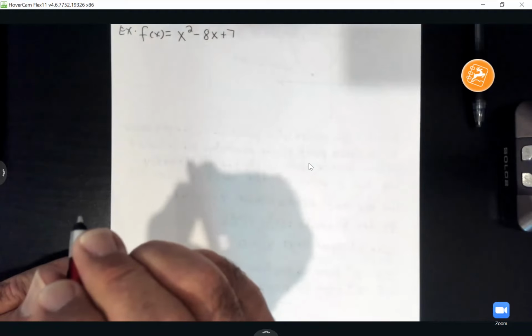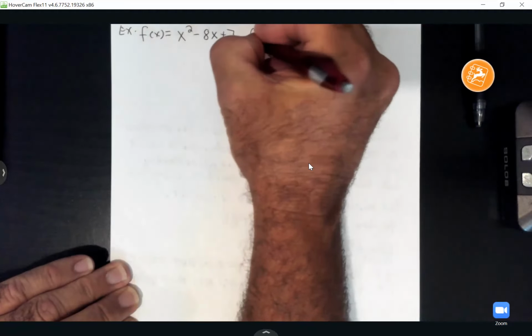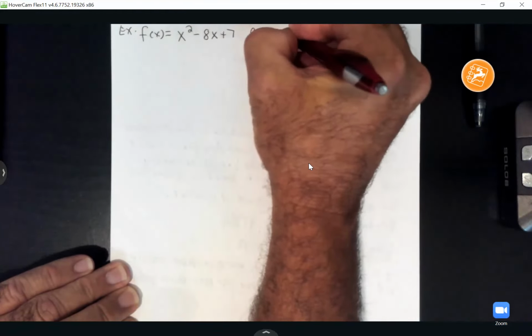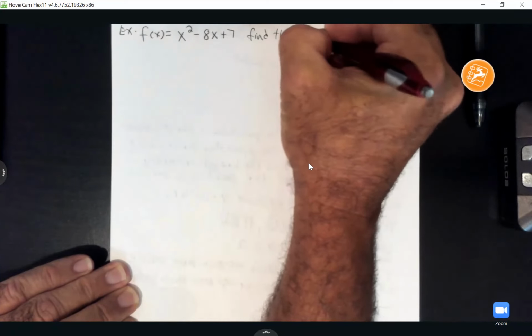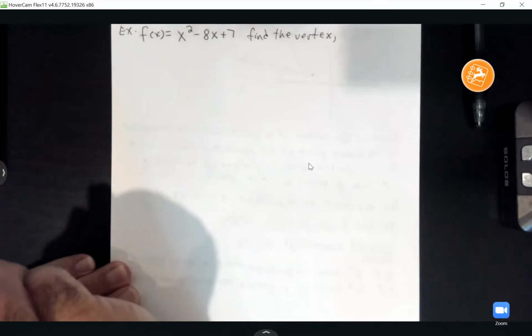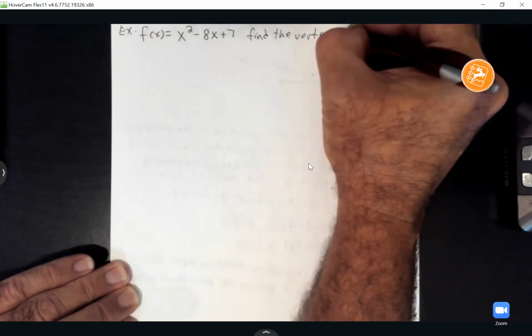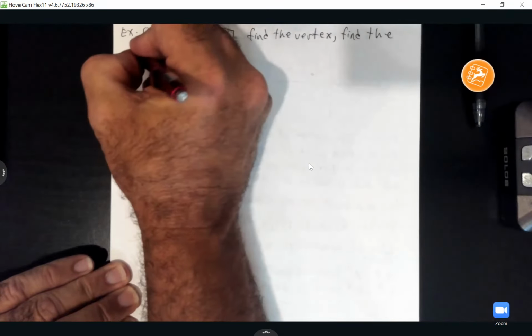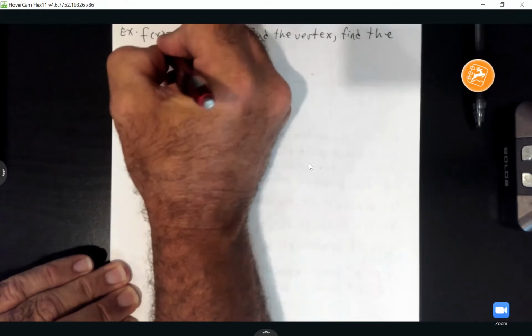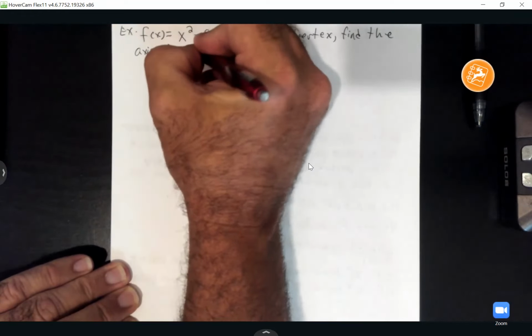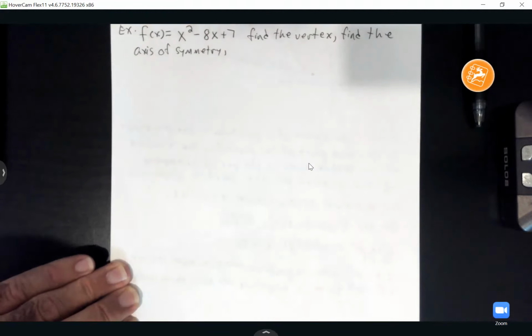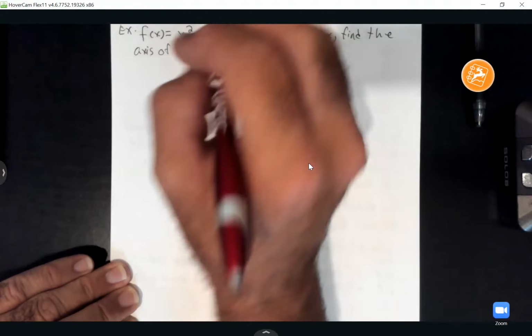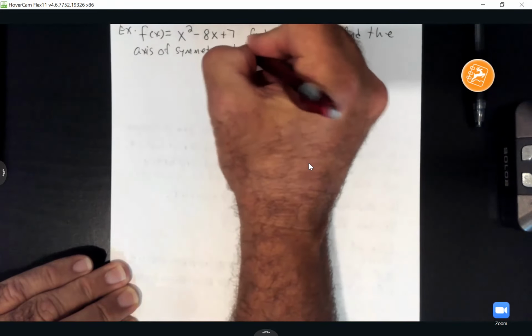They want us to find the vertex. They want us to find the axis of symmetry. Determine whether there's a max or min value.